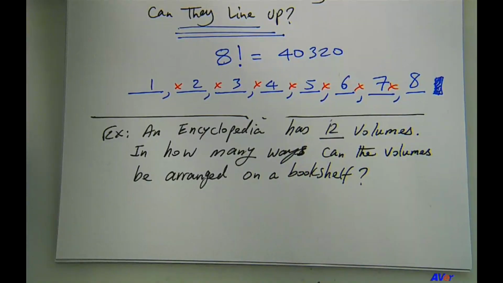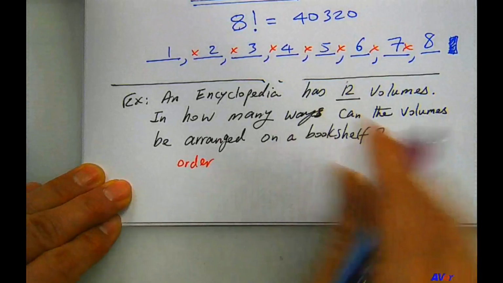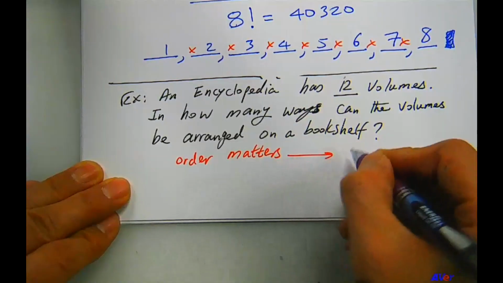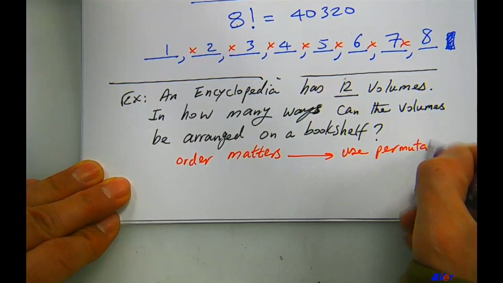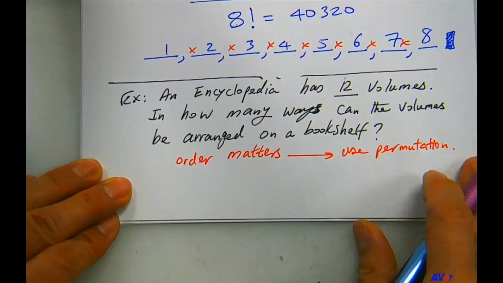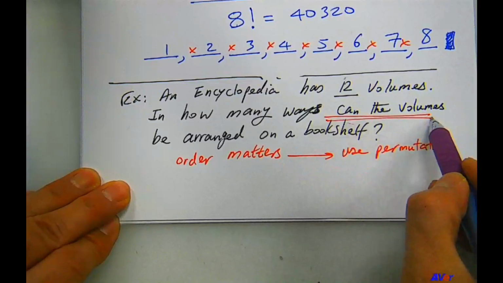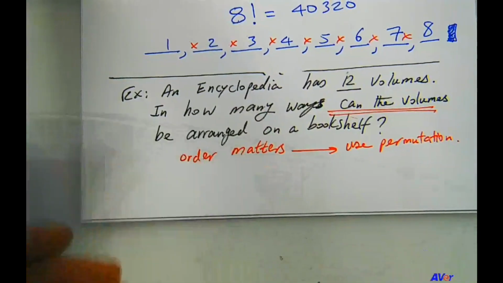So that means if order matters, then use permutation. And we want to know in how many ways all the volumes can be arranged. So this is a case of all permutations.